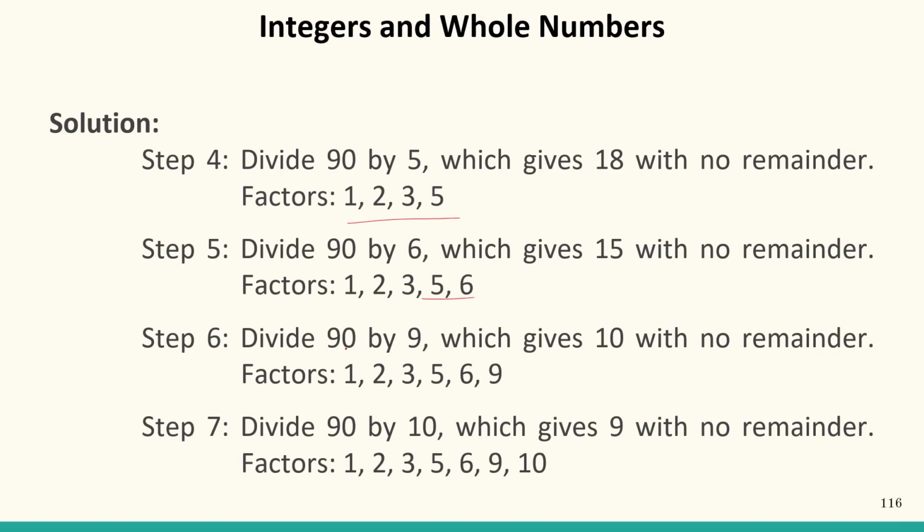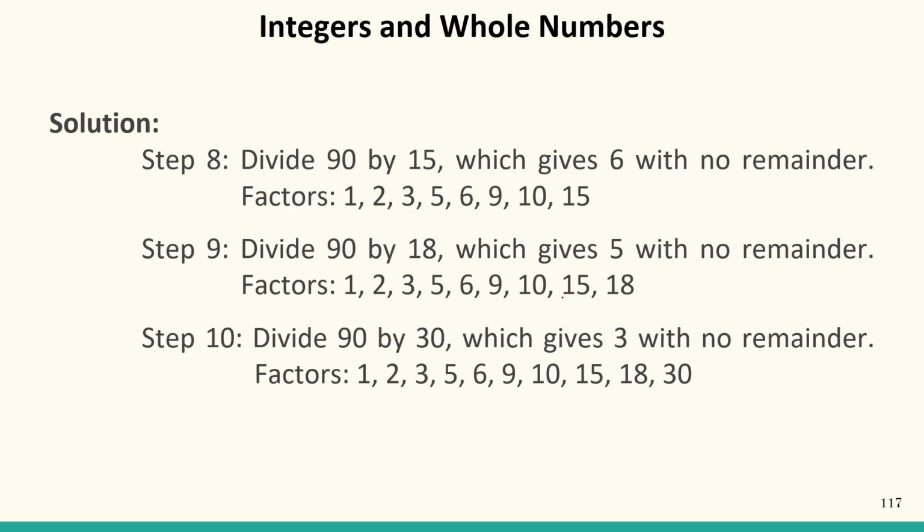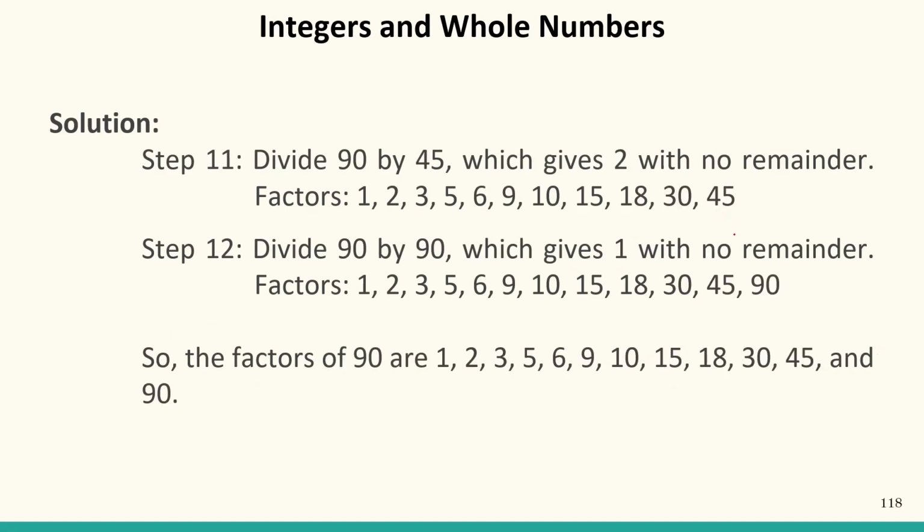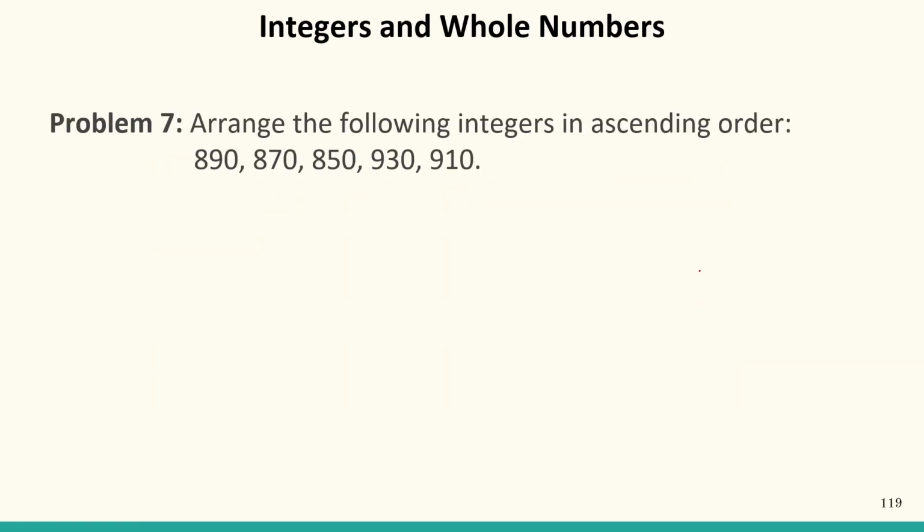Dividing 90 by 9 gives 10 with no remainder. So that way there are 10 factors, and then we have the other 2, that is 12 factors in total, which actually divide 90.